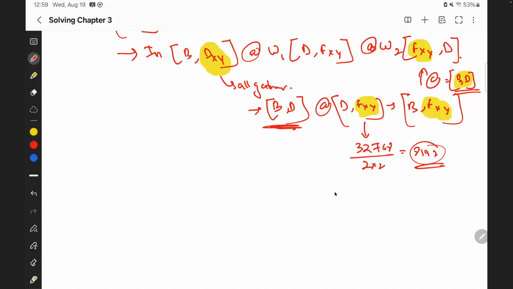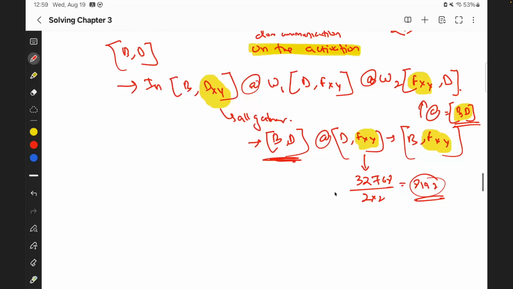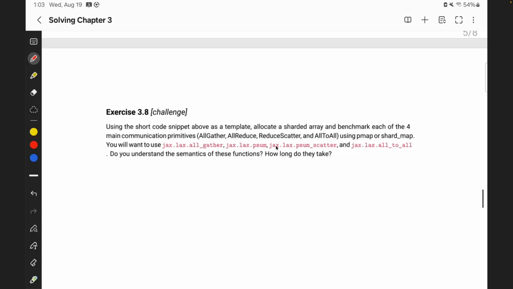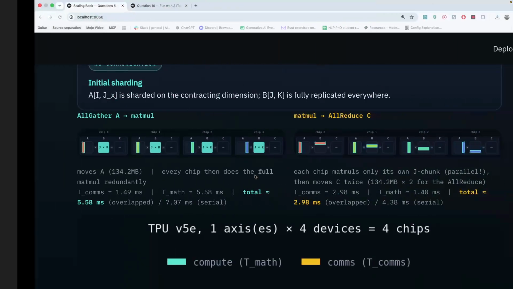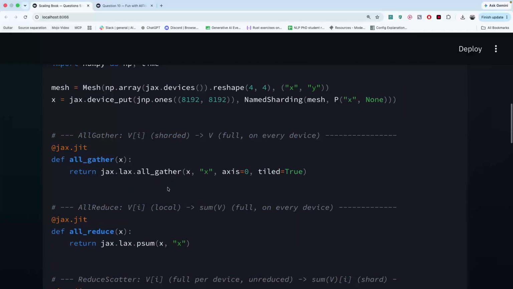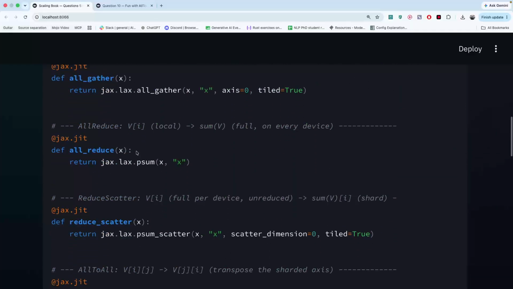I'll let you do the operation again, because I think we have been doing the same operations again and again. But I got some hints from the book, and this pattern makes more sense, and will be able to solve the question without running out of memory. So we will be skipping question number 8, because this is mostly code. In the Streamlit app, I have given some code snippets on different ways of doing all gather and all reduce.